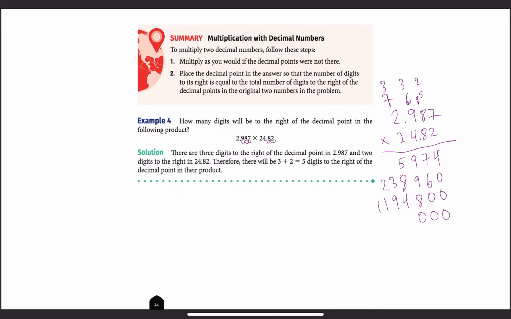And now I'm over 3 place values. 2 times 7 is 14, carry the 1. 2 times 8 is 16, and 1 is 17. 2 times 9 is 18, and 1 is 19. And 2 times 2 is 4, and 1 is 5. Okay, so now if my multiplication of my subproducts is correct, I should be able to add these up.